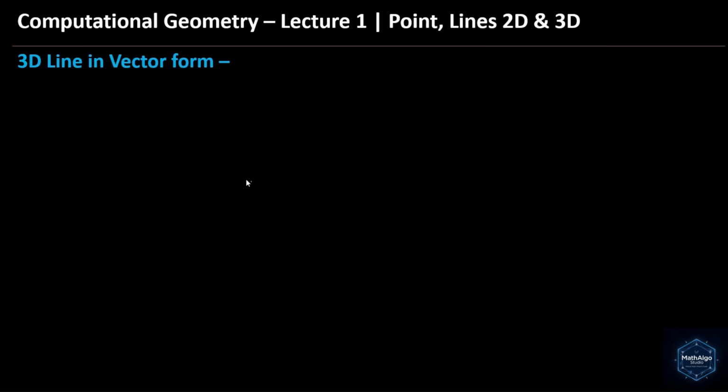Now we see the 3D line equation in vector form. Consider 2 vectors, vector A and vector B as shown here. Then the 3D line equation in vector form is as follows.